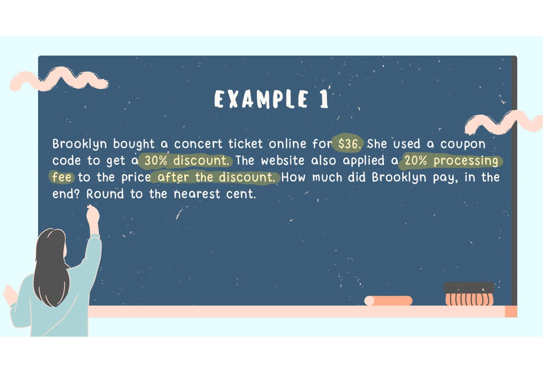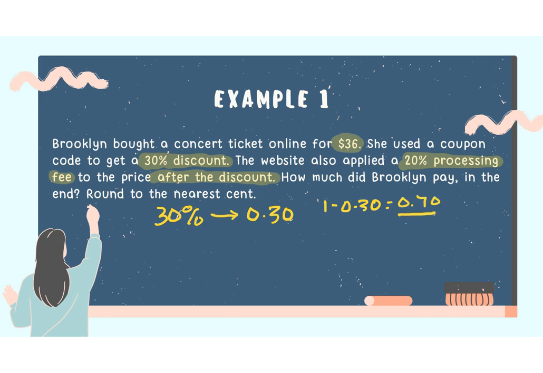So that tells me I need to start with my 30% discount. So let's change that into a decimal. So 30%, change that over into a decimal. We have 0.30. Now, it's a discount, so from my spicy percent increase decrease video, I know I need to do 1 minus 0.30, which would be 0.70.